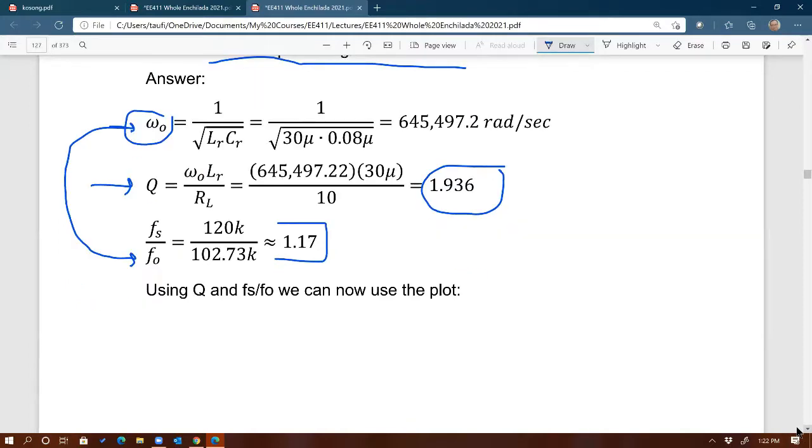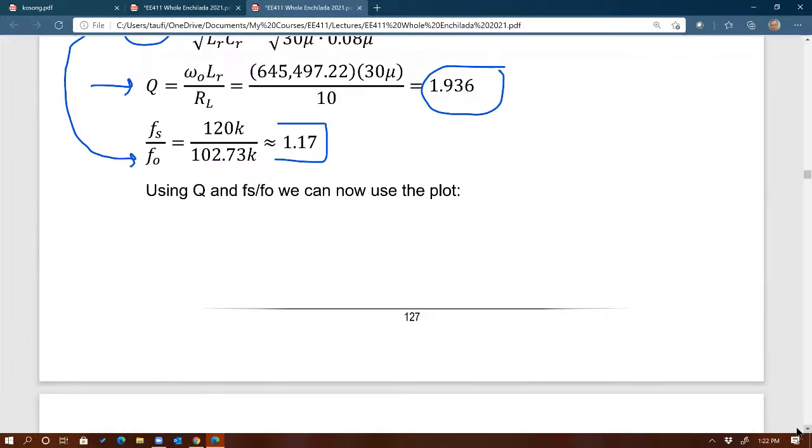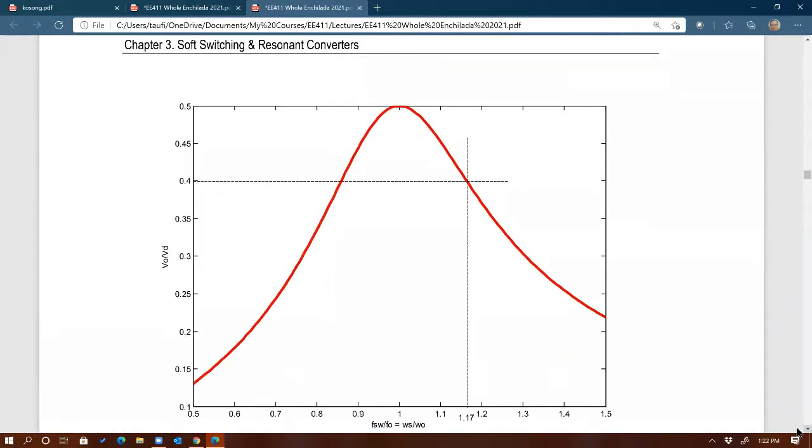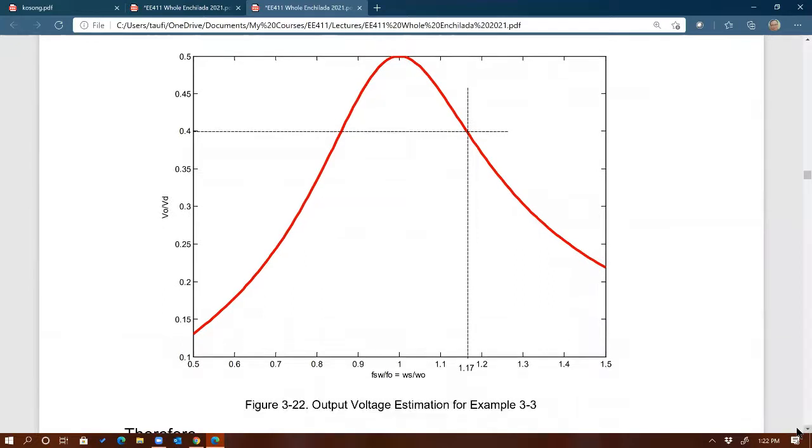And I do have a MATLAB procedure to do this. So I graph the same equation with Q equals 1.9, whatever that was. And here's the graph of the Q curve for V out over VD versus omega s over omega naught.